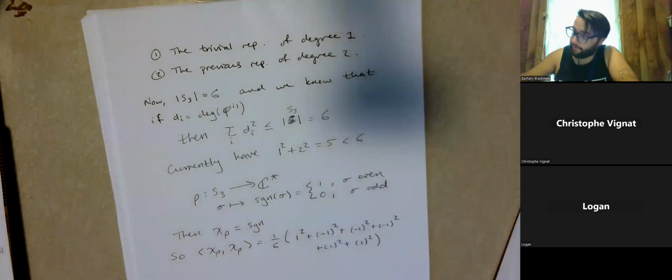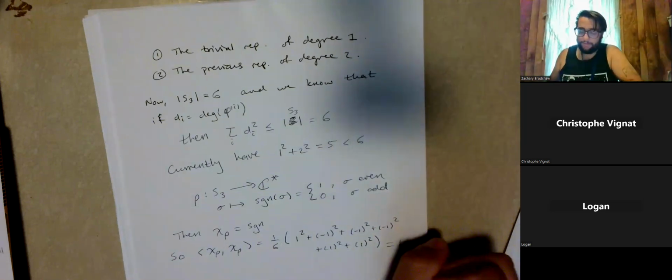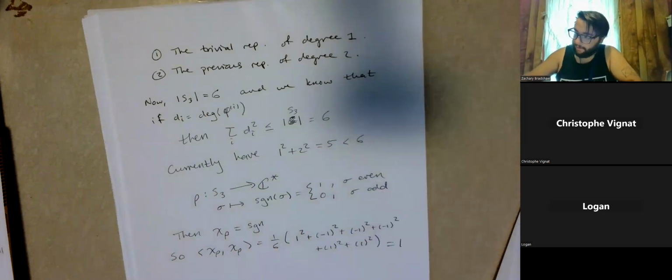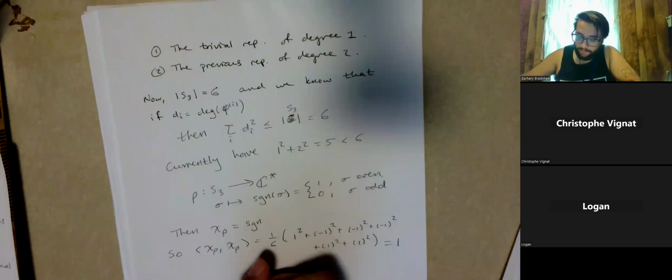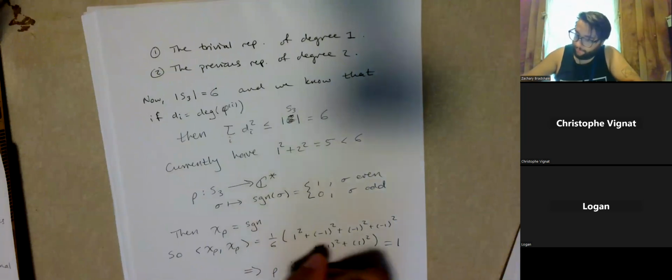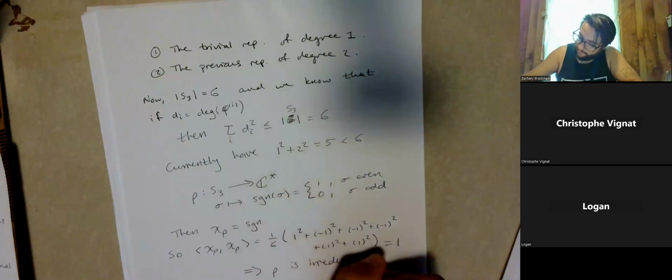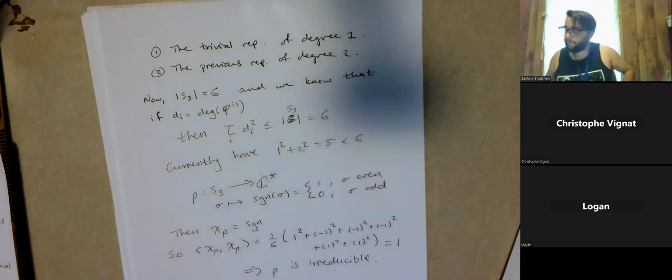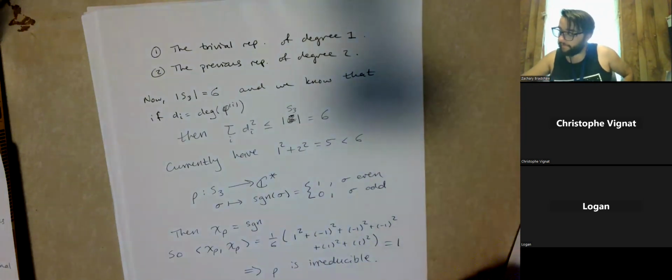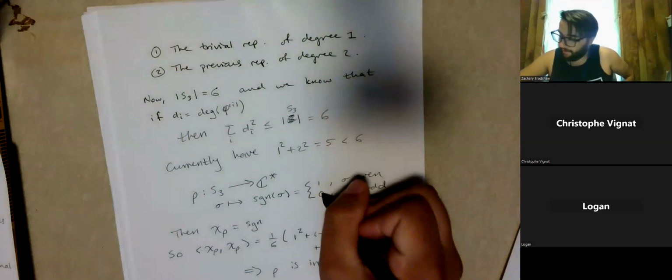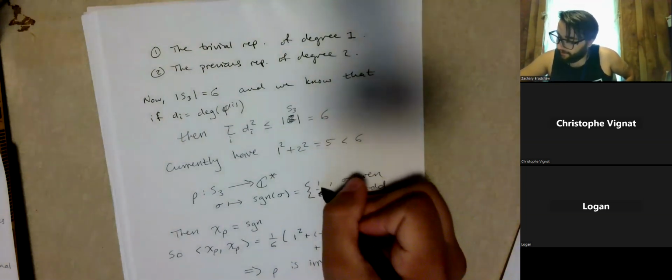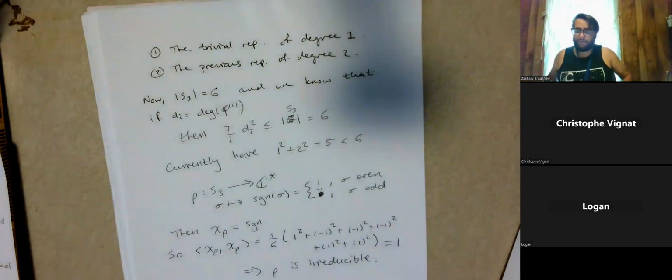We add all those up and we get 1. And so that implies that rho is irreducible. I think you made a slight typo when you defined your sign function of sigma. Yes, thank you. -1. Yes, thank you very much. In fact, it's correct in my notes. I don't know why I did that.